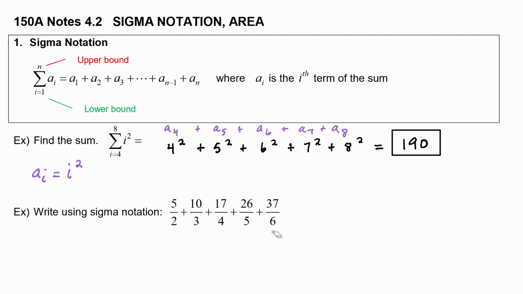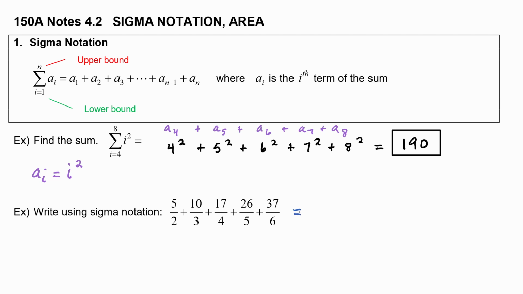In this example, we have to write using sigma notation this sum, where we have 5 halves plus 10 thirds plus 17 fourths plus 26 fifths plus 37 sixths. This time we are given the terms being added, and we have to come up with the sigma notation that would lead to that.